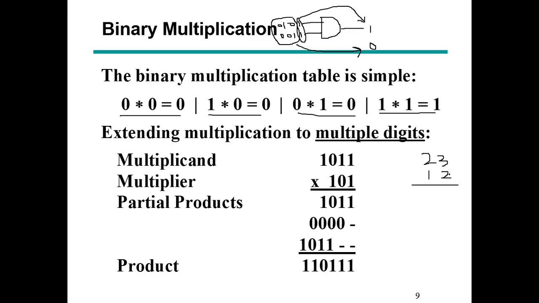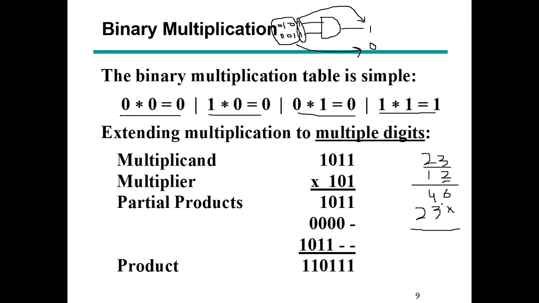You first multiply this multiplicand with the first digit of the multiplier. 2 3s are 6 and 2 2s are 4. So this is the ones digit that you multiplied it with. Now you're multiplying it with the tens digit. That's why you leave the space for one digit, because here you are calculating the product of this thing with the tens digit. So 1 threes are 3 tens. 1 twos are 200s.